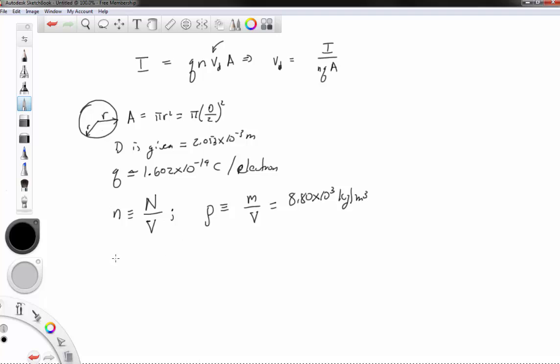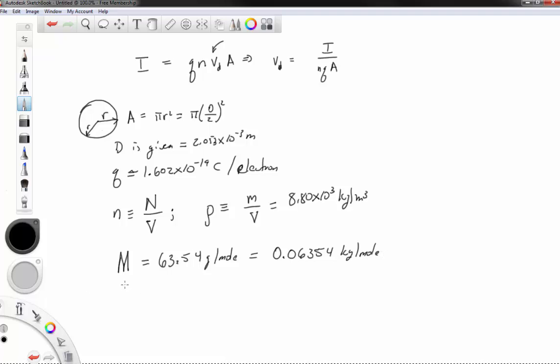And the answer is that in 1 mole, there are 63.54 grams. So this is the molar mass. I like to use big M to represent that. And this is 63.54 grams per mole, which is 0.06354 kilograms per mole.